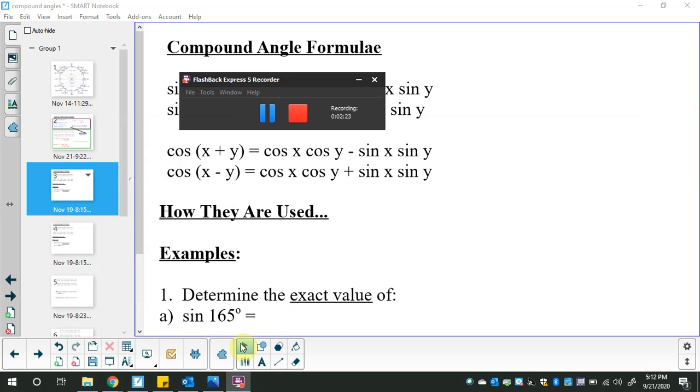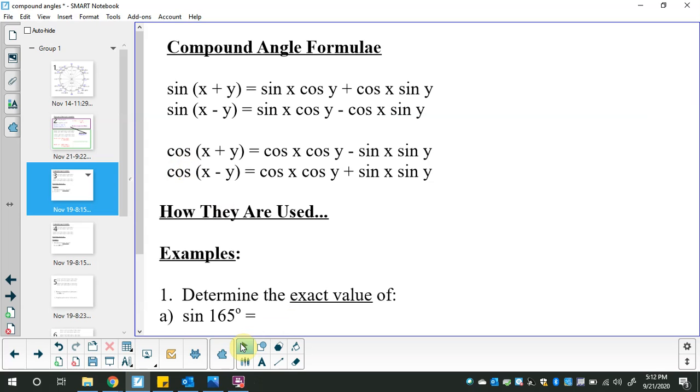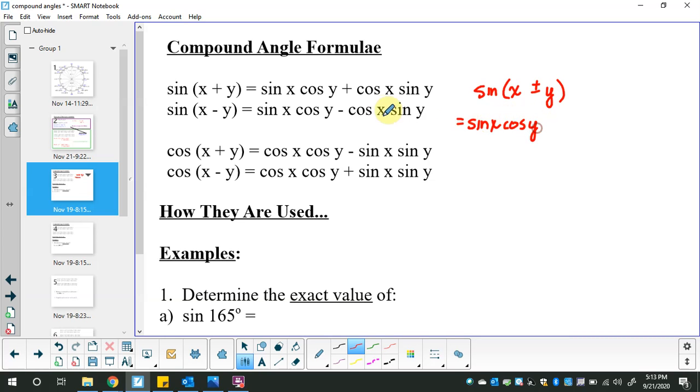Sometimes when you're looking at textbooks, and I'm going to do this on 2 lines just because my writing is big, you will see sine x plus minus y, so it kind of bulks these two together, in which case if you follow the right-hand side, they both have sine x cos y, and then behind that they have cos x sine y.